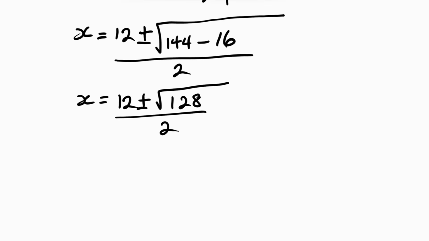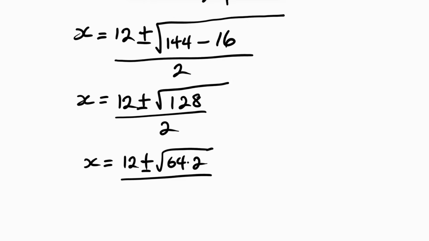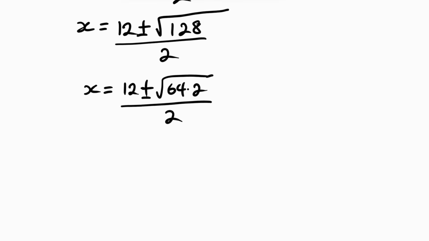Now we know that 128 is the same thing as 64 times 2. We're trying to break down this number as little as possible. So this is 64 times 2, and we can also find the square root of 64, so it works out.